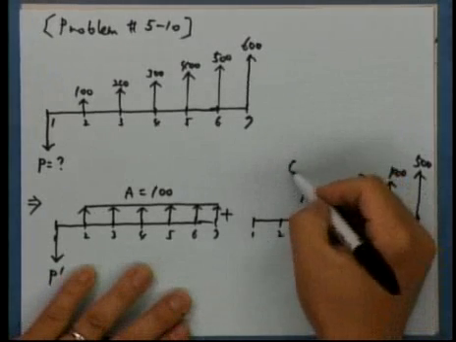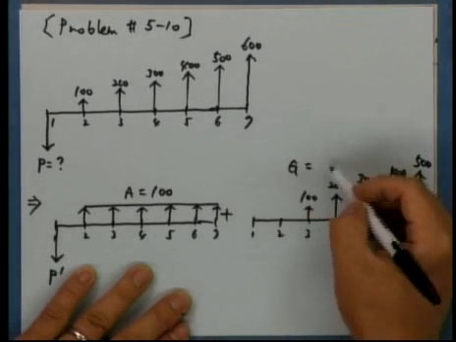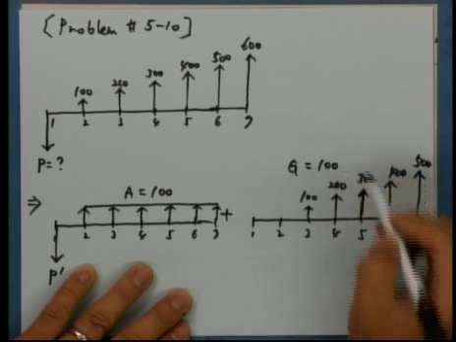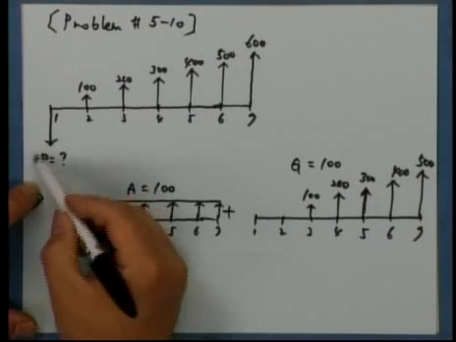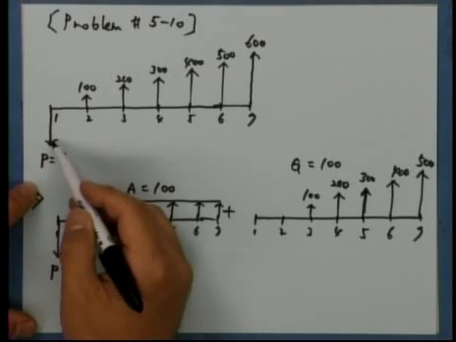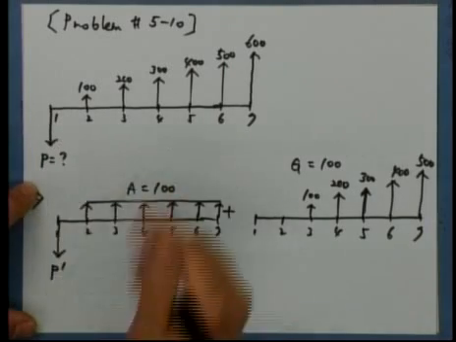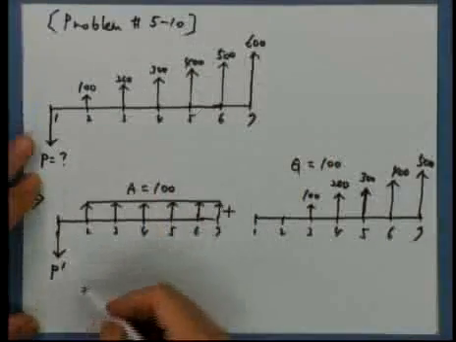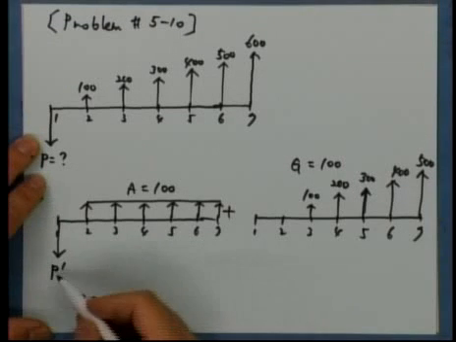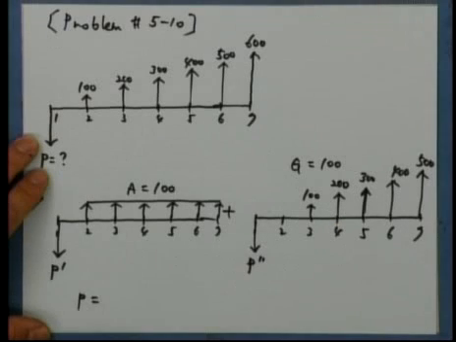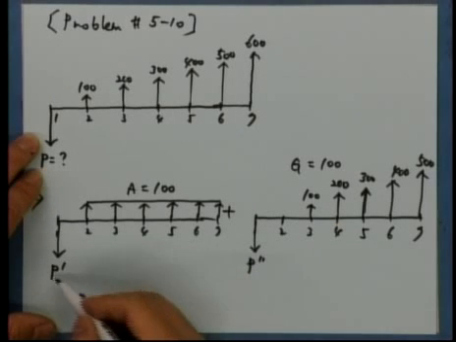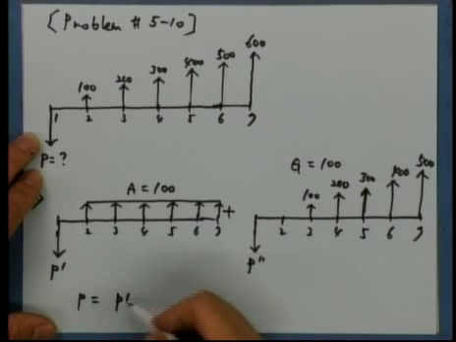So this is the arithmetic gradient series with G equals 100, right? And here, the present value at the end of period 1 from the original cash flow diagram can be obtained by summation of P prime and P double prime.